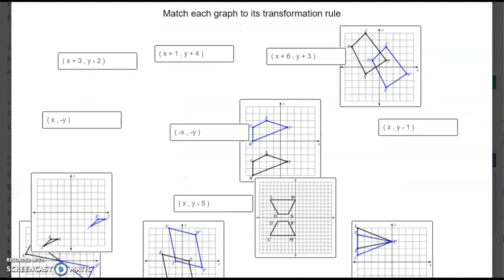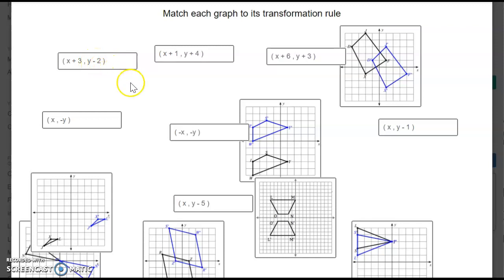All right, then finally you were supposed to match each graph to each transformation rule. If you see x plus 3, y minus 2, what is the transformation you notice? It's a translation of 3 to the right and down by 2.